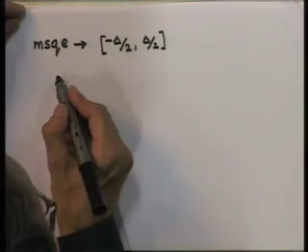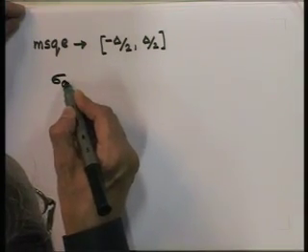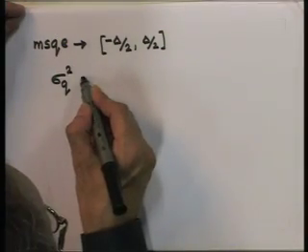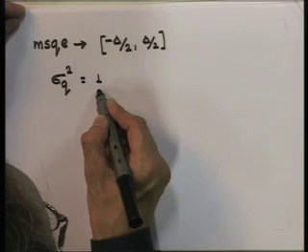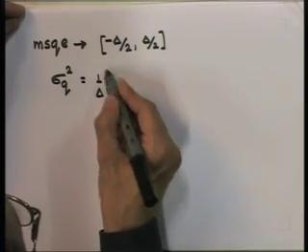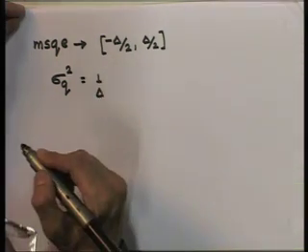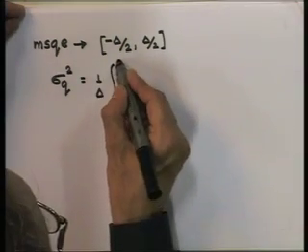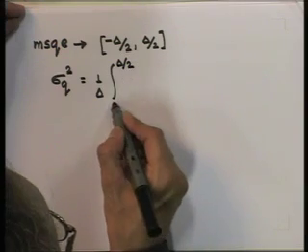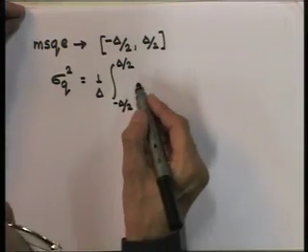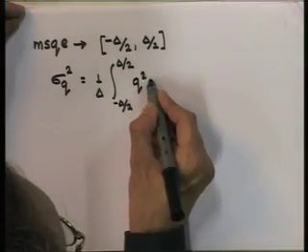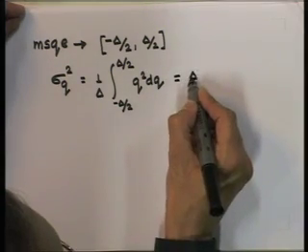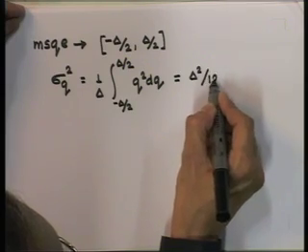And if we assume this, we get the mean square quantization error as 1 by delta, which is the PDF of the uniform random variable q, integrated over minus delta by 2 to plus delta by 2 of q squared dq, and this is equal to delta squared by 12.